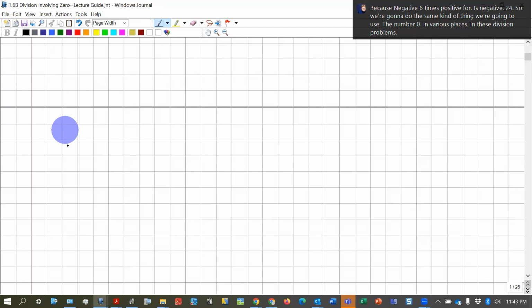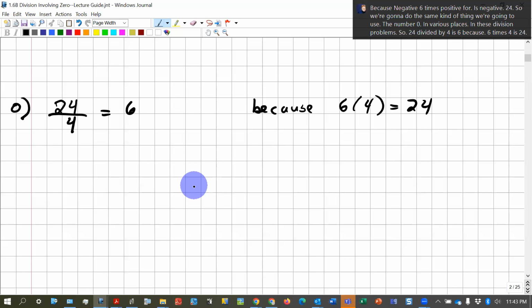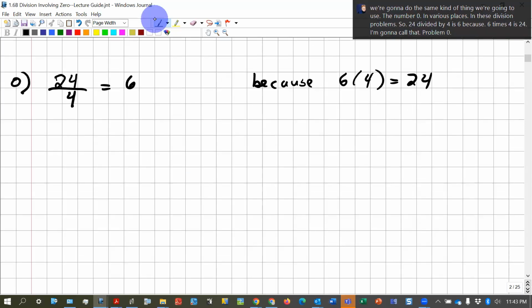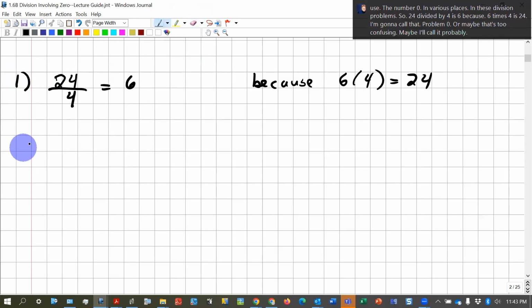So 24 divided by 4 is 6 because 6 times 4 is 24. I'm going to call that problem 0. Or maybe that's too confusing. Maybe I'll call it problem 1.